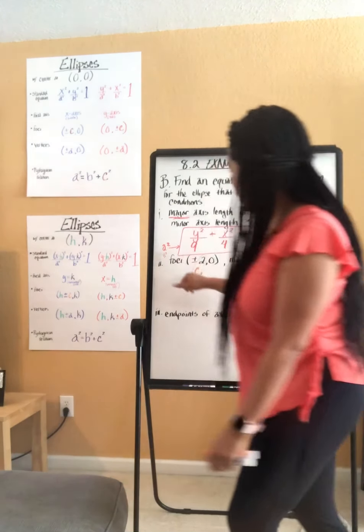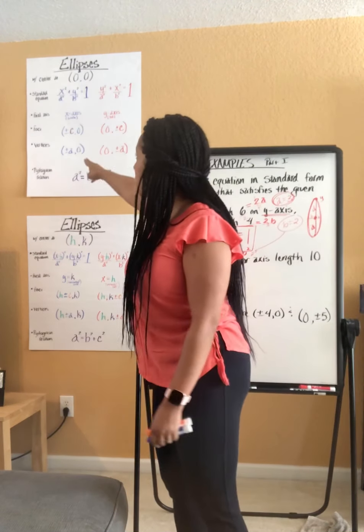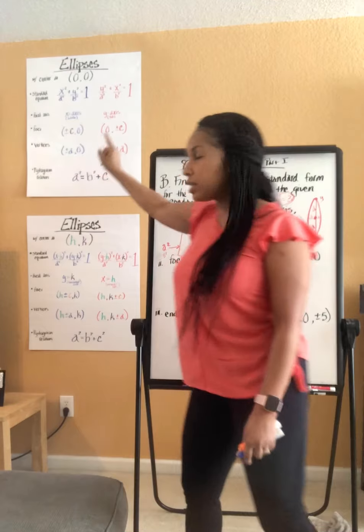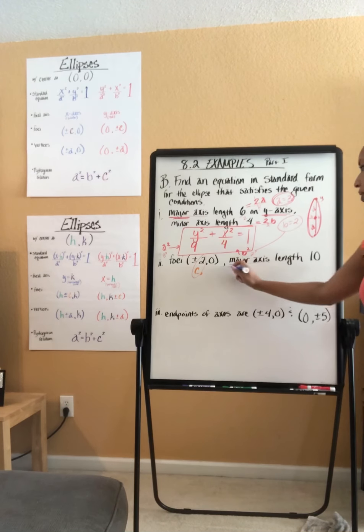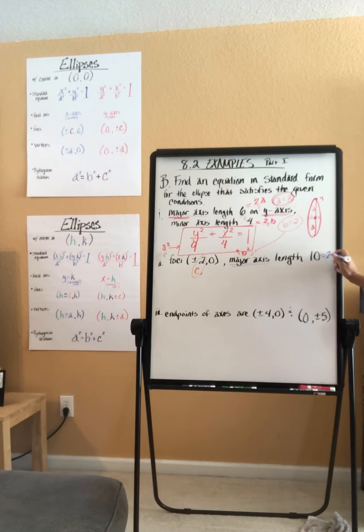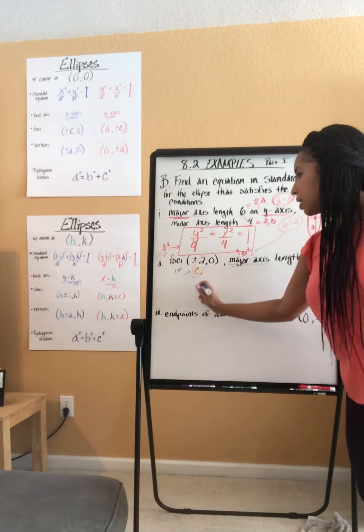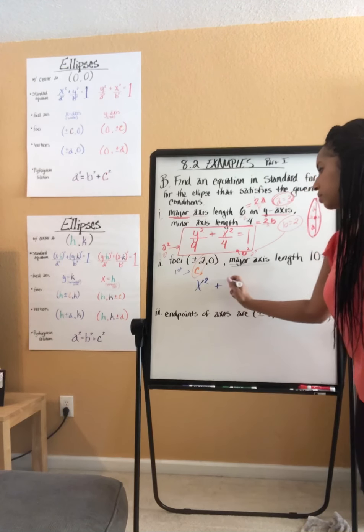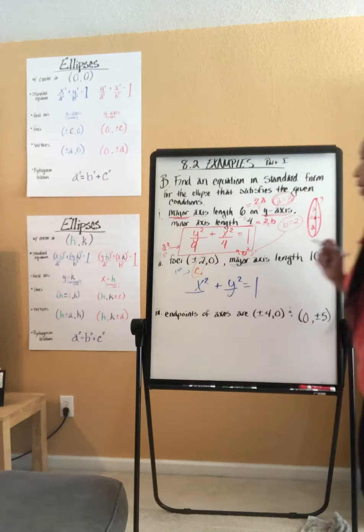If the foci came first, right, the C is my x-coordinate, that happens on the blue side. The C is your x-coordinate on the blue side. So my major axis is always 2A, but I know, since it came first, that I started with an x squared. Okay?